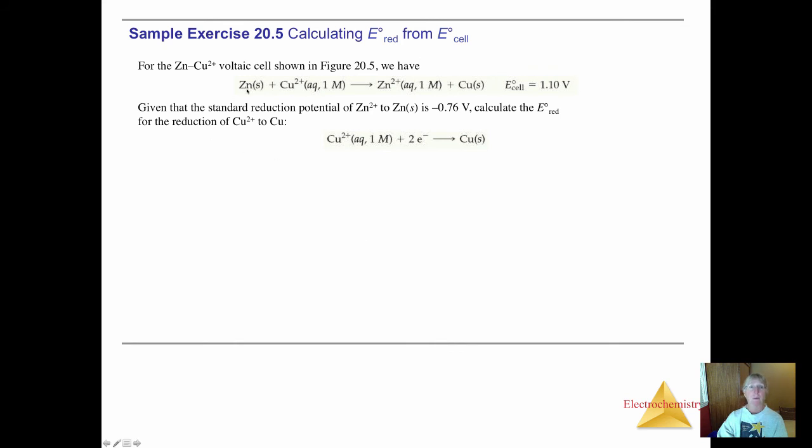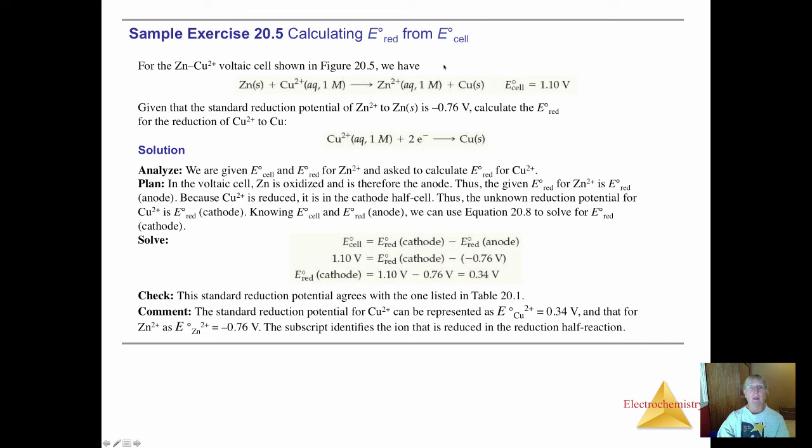We saw in those previous graphics that the potential was reading 1.10 volts for that zinc and copper half cells. And so when you look at the picture, it tells us we have 1.10 volts total, and you can go look up on a chart that the reduction potential of zinc ions to zinc solid is a negative 0.76.